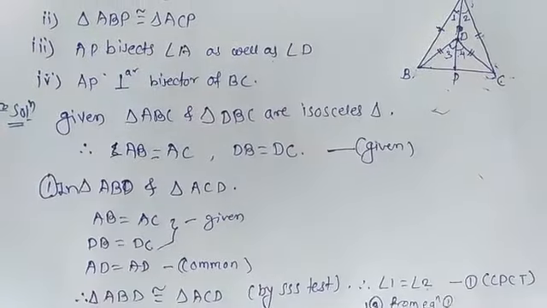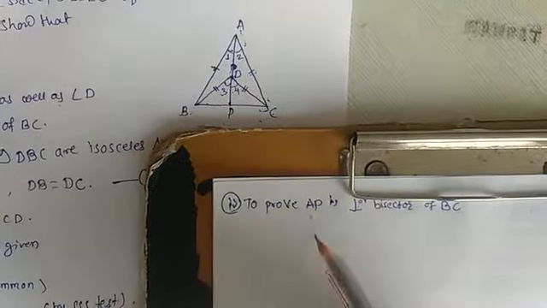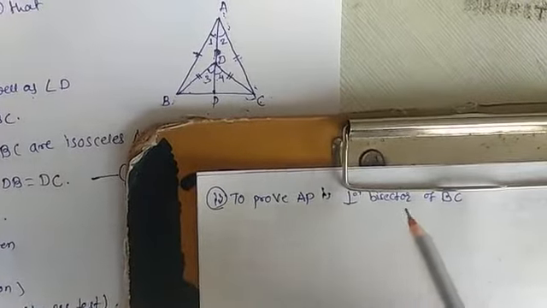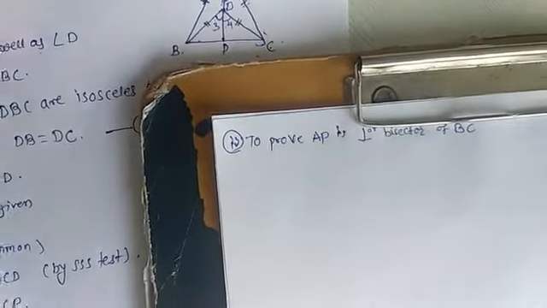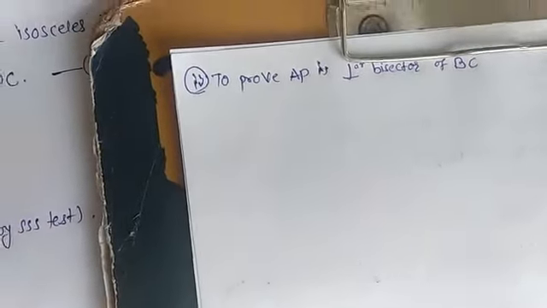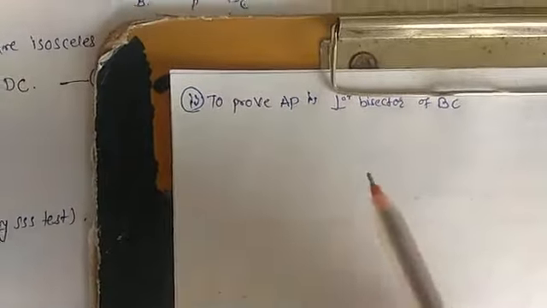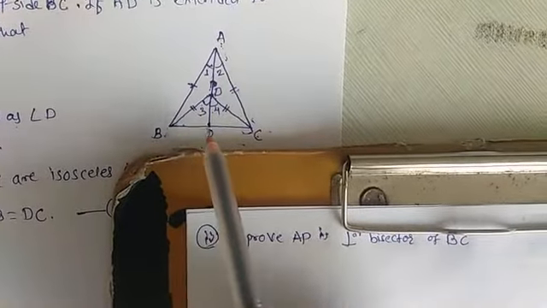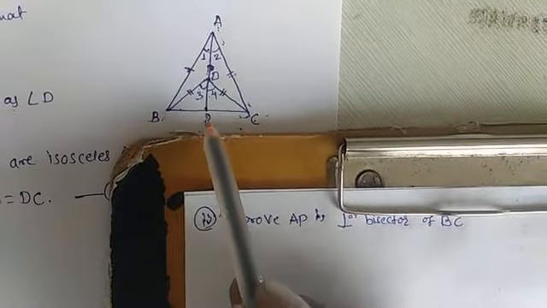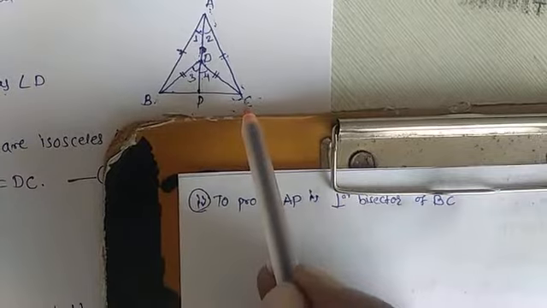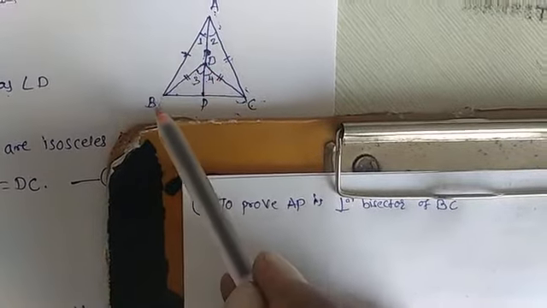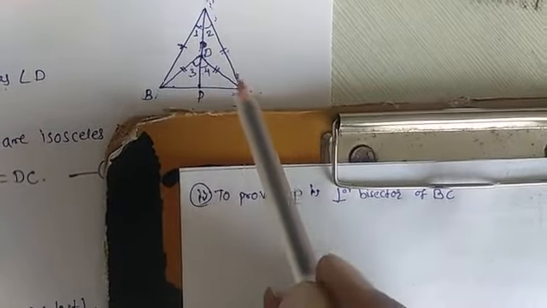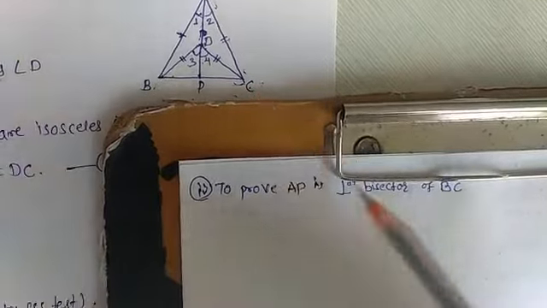So to prove AP is a perpendicular bisector of BC, first we are required to prove that BP is equal to PC. That means AP bisects BC. And in the second part, we have to prove that APB and APC are 90 degrees.